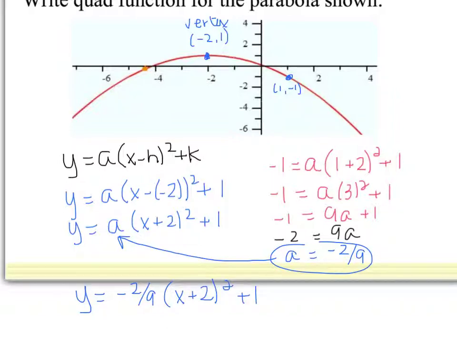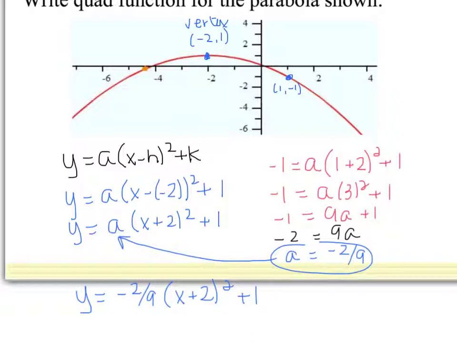Now before we submit this as our final answer, let's do some double checks. First of all, let's check our vertex, make sure it's still the same. I have a +2 here, and it looks like that's because my vertex is a -2, so that's correct. We have a +1 here, which is the y coordinate of our vertex. That's correct.